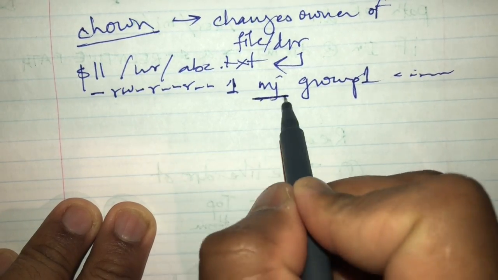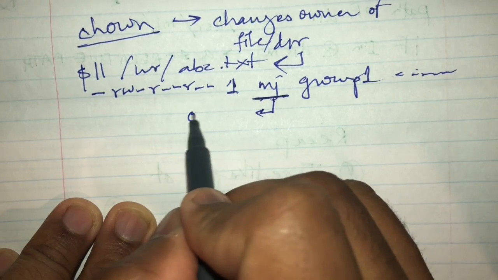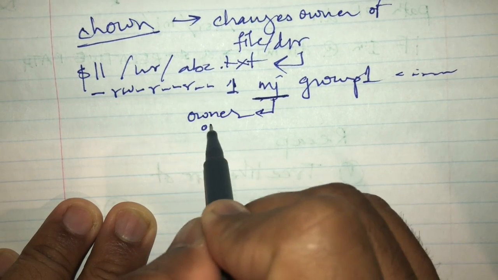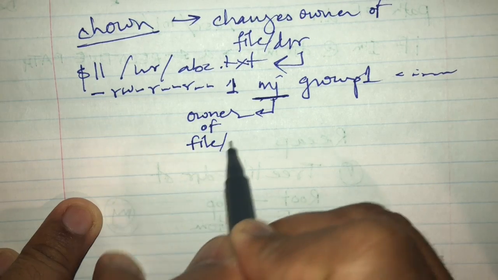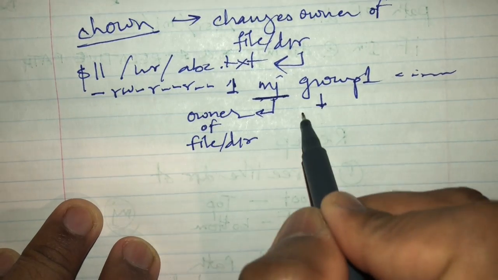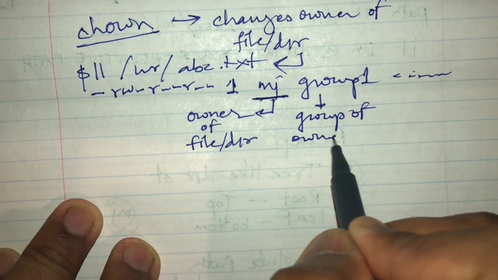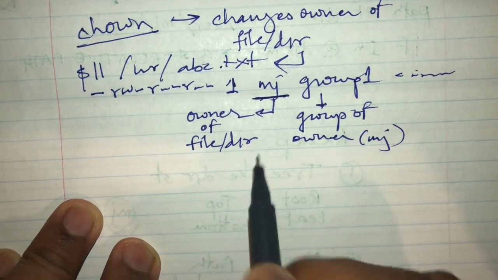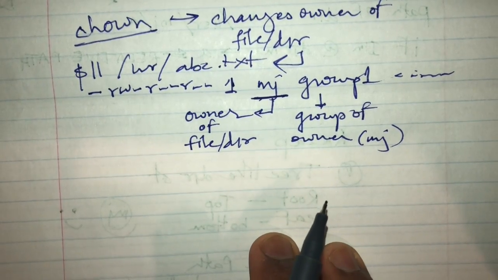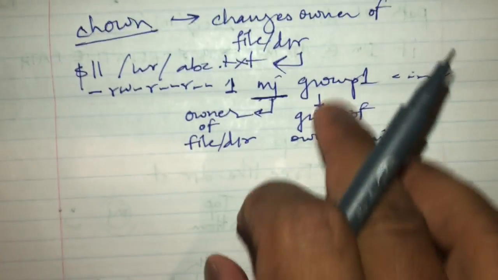So here mj stands as the owner of the file or directory, and group1 is the group of the owner, which is mj. So whenever a user is created in the operating system, it is assigned to a group.